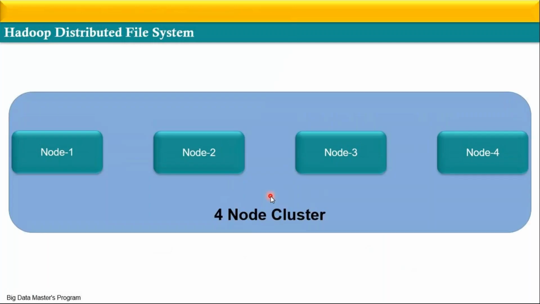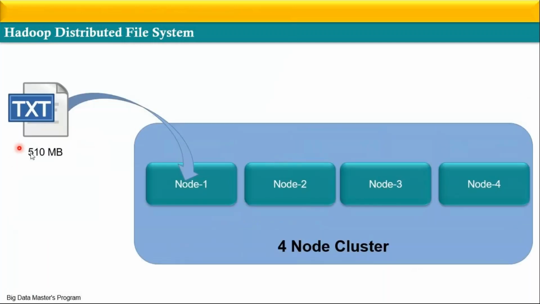I want to store a particular file that has a size of 510 MB in this cluster. If I store it inside one machine, that is fine, but the remaining machines will not be able to process it.